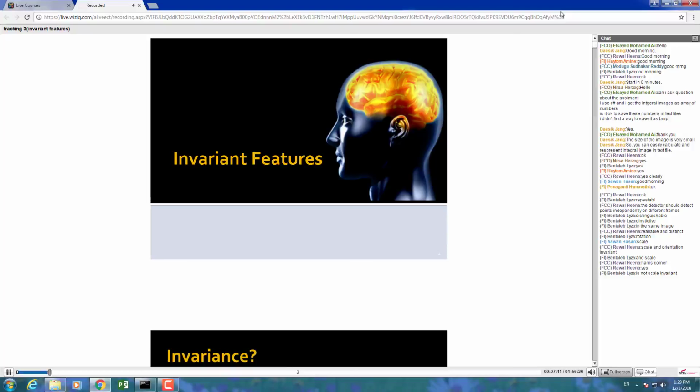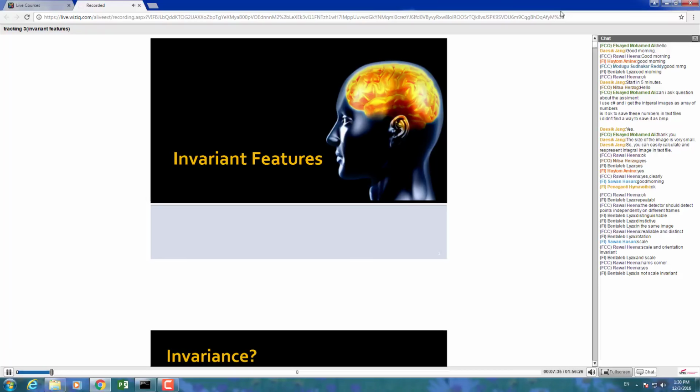So there are some newer features that are even invariant to scale. Technically, when we say invariant features, it means the features are invariant to orientation or rotation and scale as well.